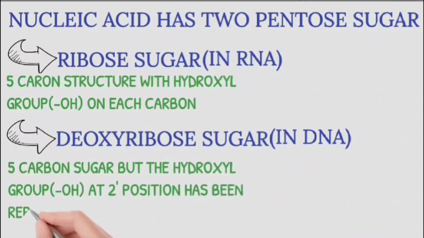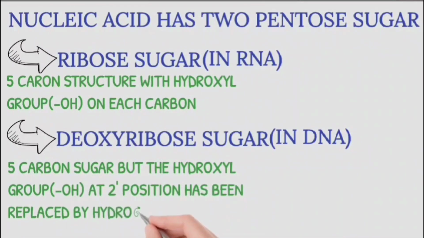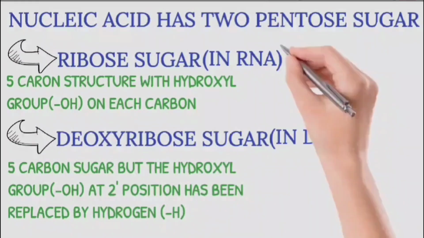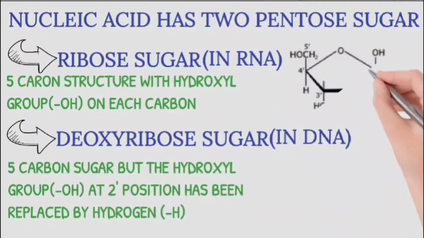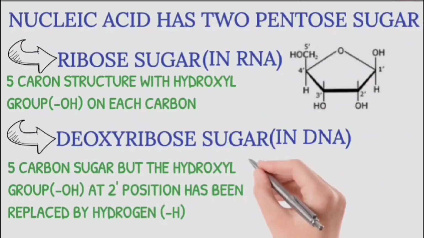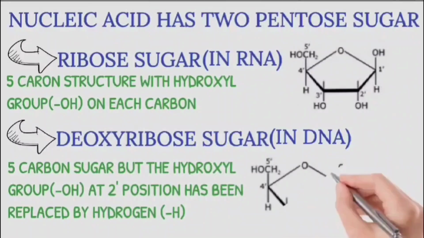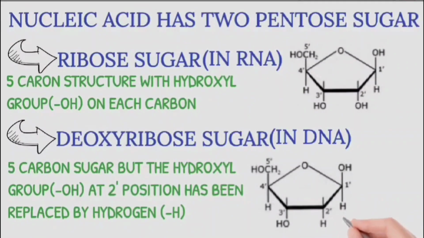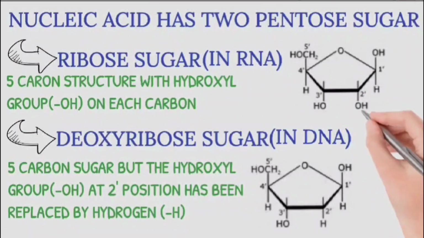So you can see in the picture and can compare. The difference you can identify is in the 2' position. When we study nucleotides, we have already numbered 1, 2, 3 and 4 in the nitrogenous bases. So here the numbering for sugar is mentioned as 1', 2', etc.